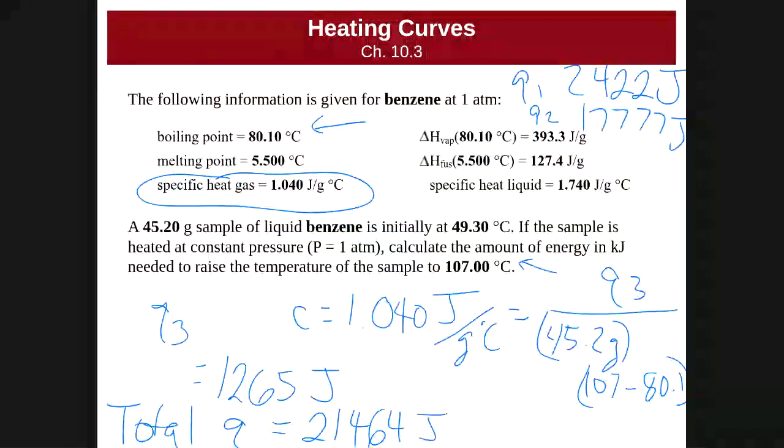And if they want us to convert to kilojoules, we just divide by 1,000. We move our decimal place over 3 times. So 21.46 kilojoules. Because all of our given numbers had 4 significant figures, we want 4 significant figures in our answer.